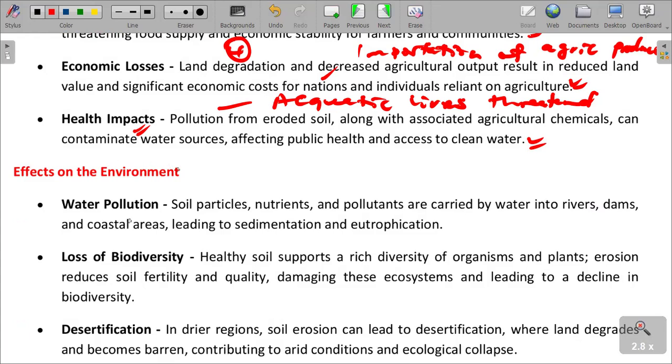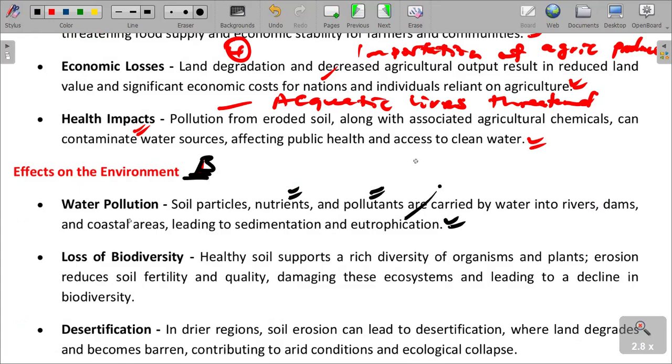And then effects on the environment, which is number B. We are saying that water pollution, soil particles, nutrients and pollutants are carried by water into rivers, dams and coastal areas, leading to sedimentation and eutrophication.